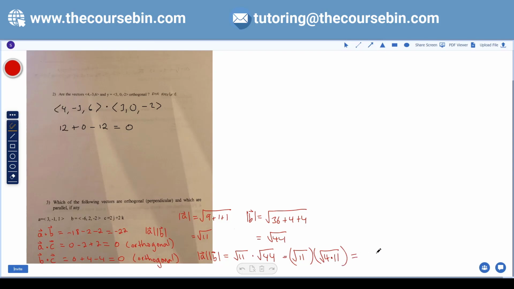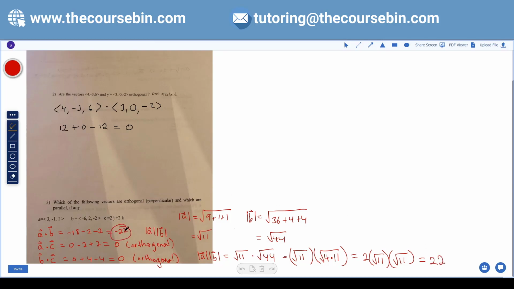So this comes out to be 2 times radical 11 times radical 11. I factored out the 4 from this square root, and that comes out as a 2 in the front. And the radical 11 and radical 11 multiply to give just 11. So this does give us 22.